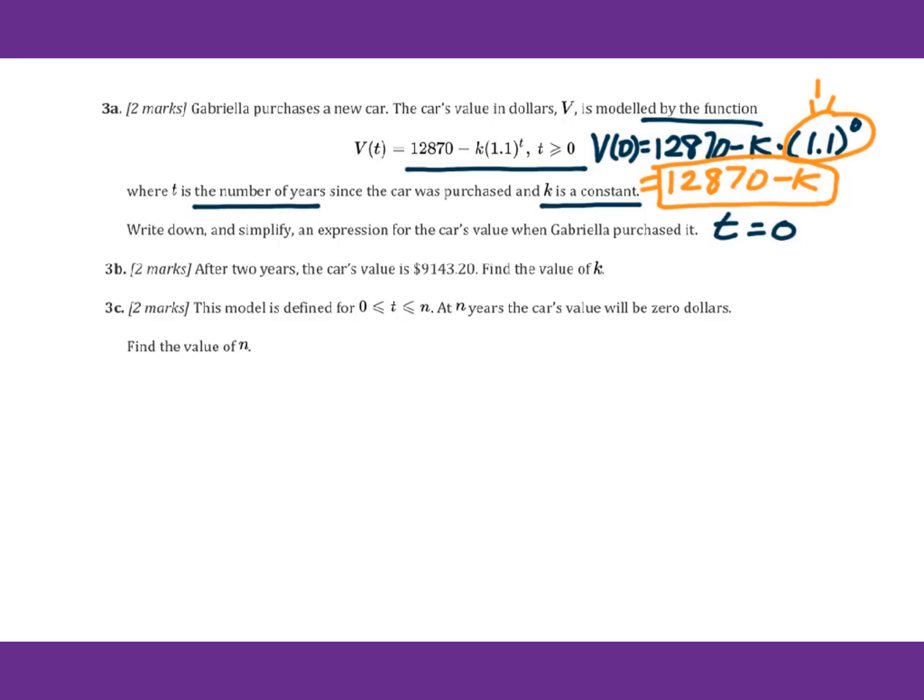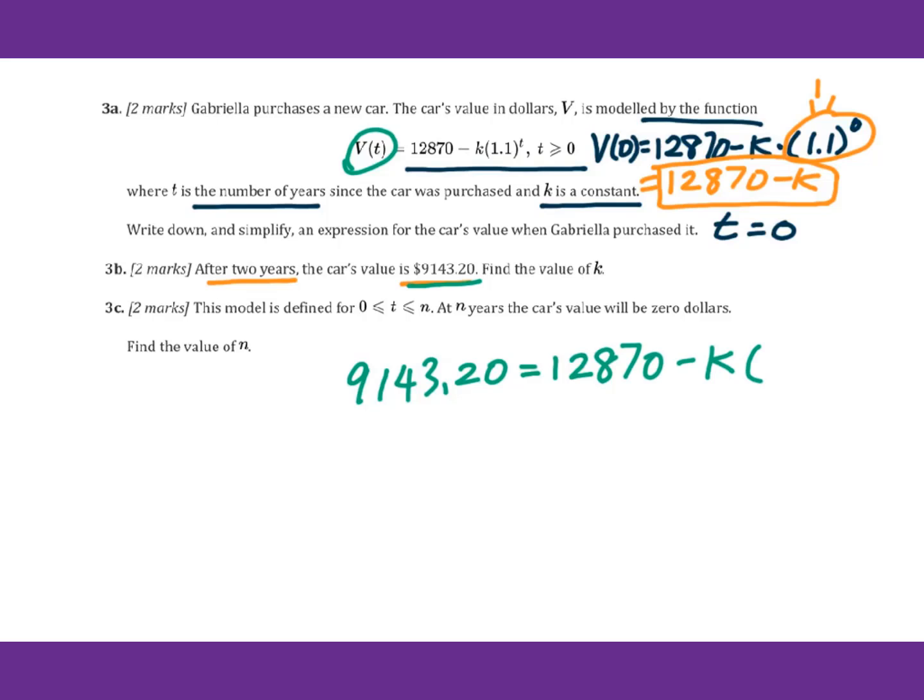For 3B, after 2 years, the car's value is this. Find the value of k. We need to plug in. We know this value will be 9143.20 equals 12870 minus k times 1.1 to the second power, because it says after 2 years.